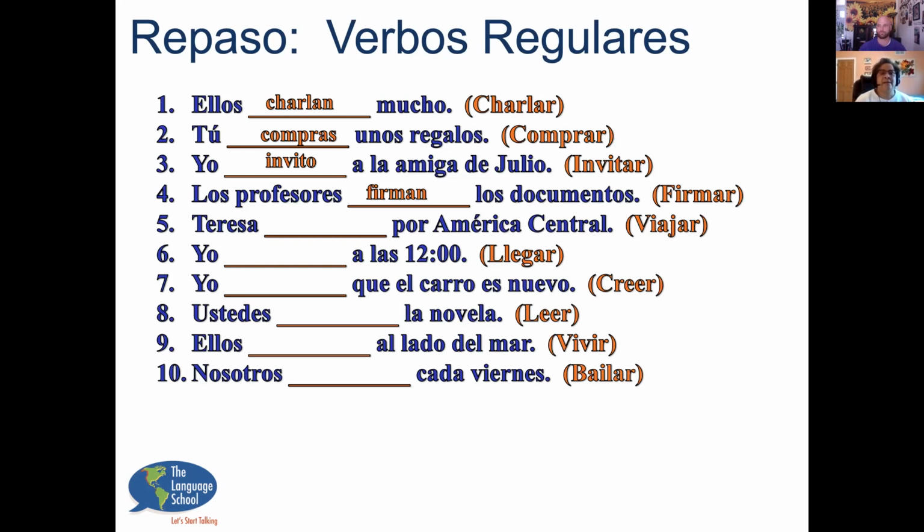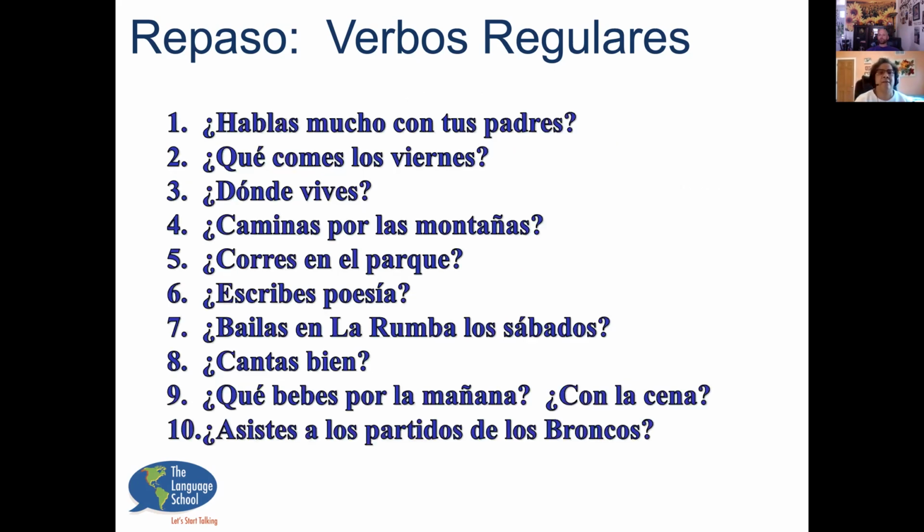Teresa viaja por América Central. Yo llego a las 12. Yo creo que el carro es nuevo. ¿Ustedes leen la novela? Ellos viven al lado del mar. Nosotros bailamos cada viernes.